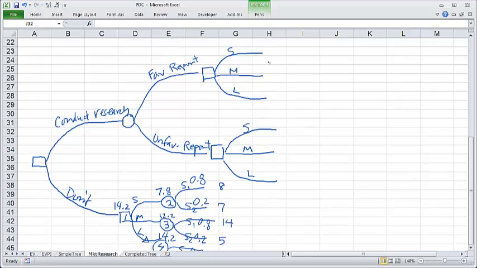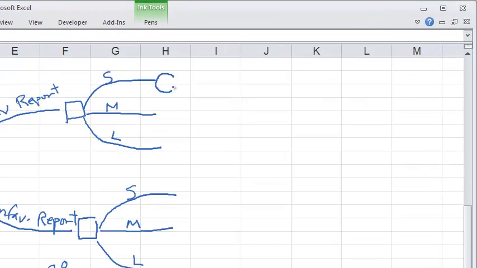So we have a chance node with strong demand and weak demand following each decision alternative. So let's draw those branches. Let's say S1 is for strong demand and S2 is for weak demand.